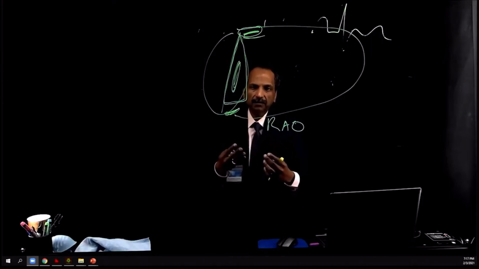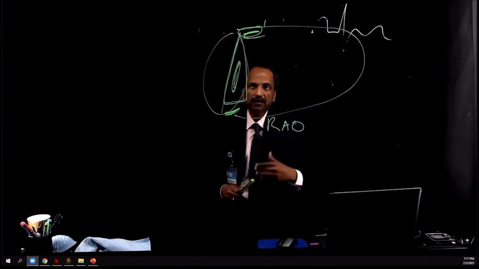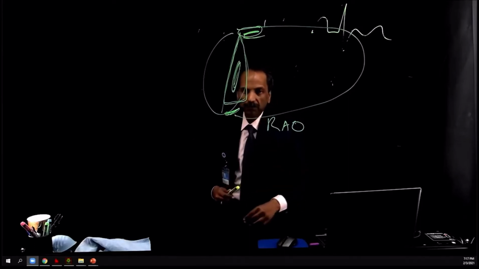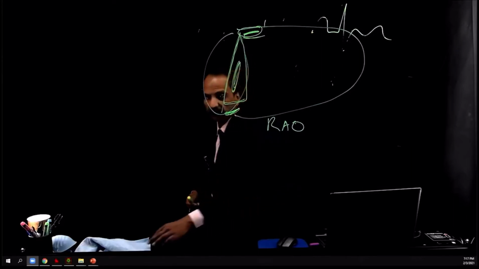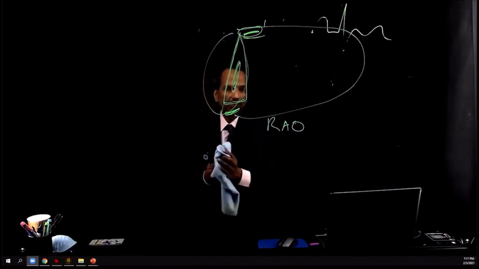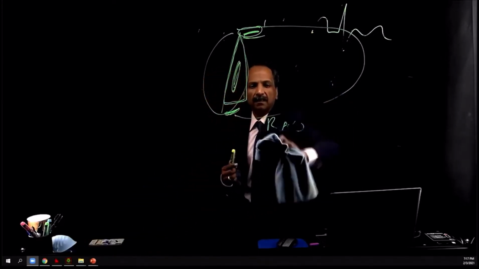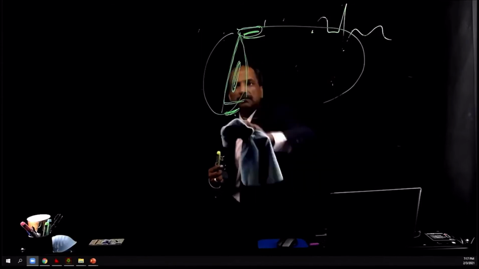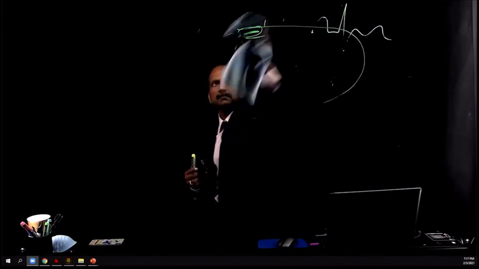The second issue that comes up is in congenital disease, where we have an unusual location for where the AV node is located.